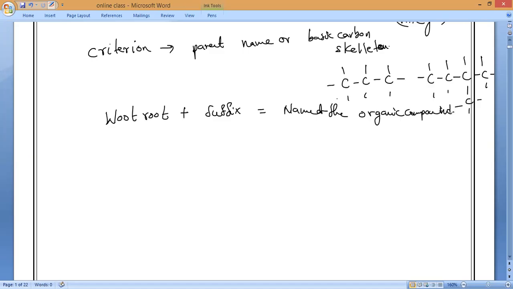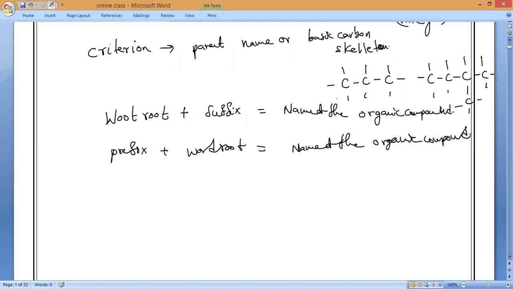Next, prefix plus word root, where word root means the parent name. You should remember that this also equals the name of the organic compound. That is what has been chosen by IUPAC.